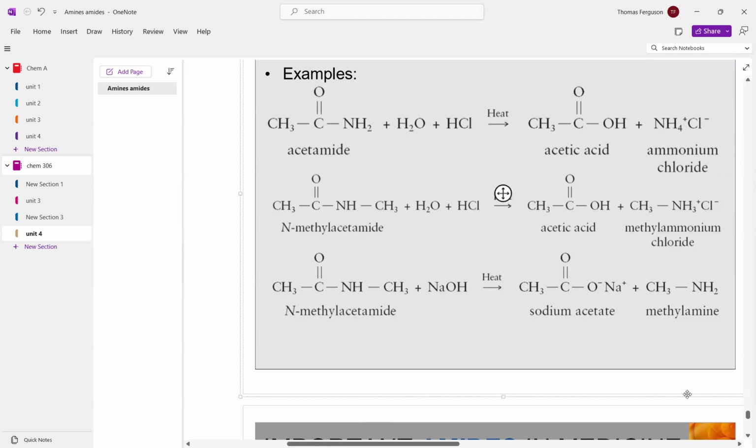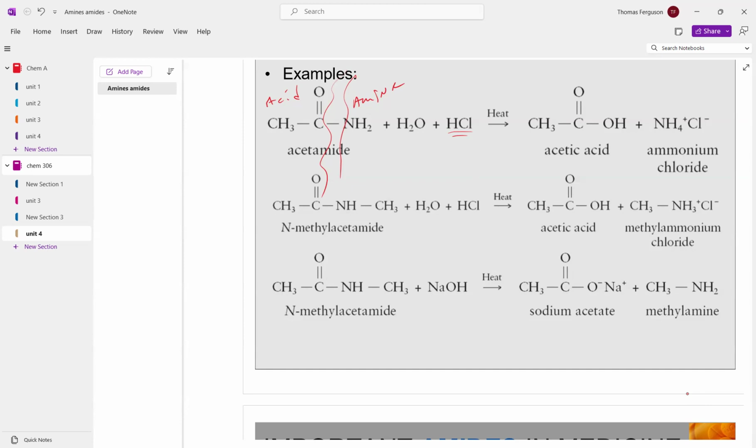So acid environment, we create the acid part, and we create the amine part. In that hydrochloric acid environment, we create the ionic form of the amine, ammonium chloride.